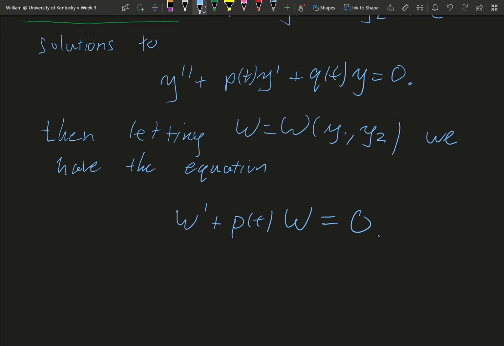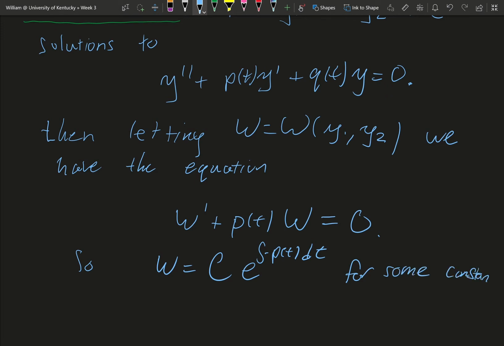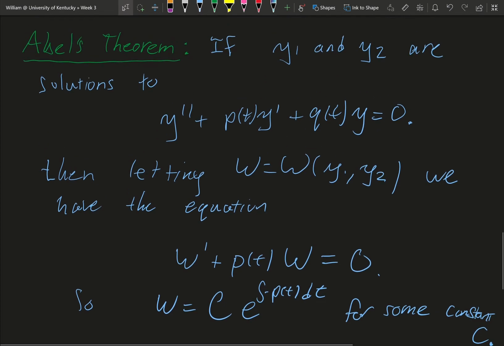So in particular, if we move this to the other side, we get a linear equation, or really a basic separable one: W prime equals something times W. So W is of the form C e to the integral of negative P of t dt. And note, there's nothing here about y1 and y2 being a fundamental set of solutions.